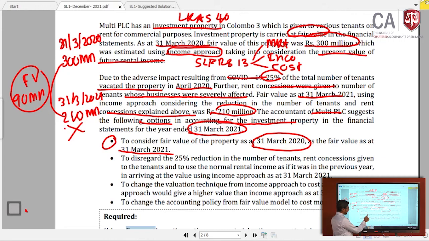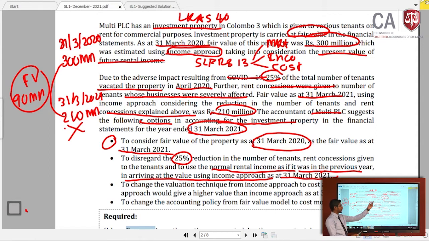Second: to disregard the 25% reduction in the number of tenants and the rent concession given to the tenants, and use the normal rental income as in the previous year in arriving at the value using the income approach at 31st March 2021. Here 210 million was derived considering the 25% reduction as well as the rent concession.